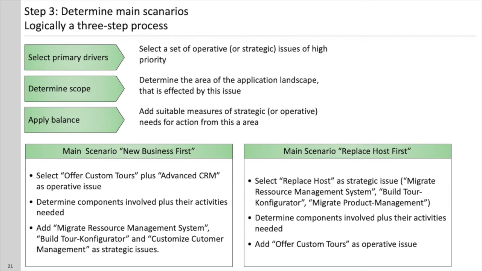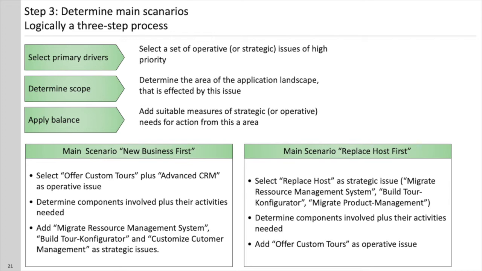And here in this example, there are 2 typical scenarios of modernization of our application landscape from our CCT example. So there's one scenario that's called new business first. Defining a scenario not only means to put together a set of main activities, but usually we also give them a name, and the name here is new business first.